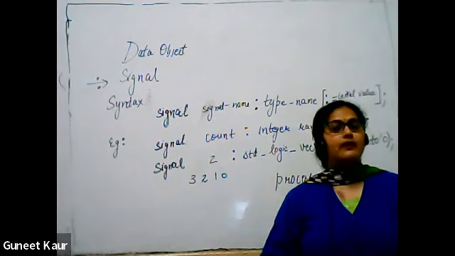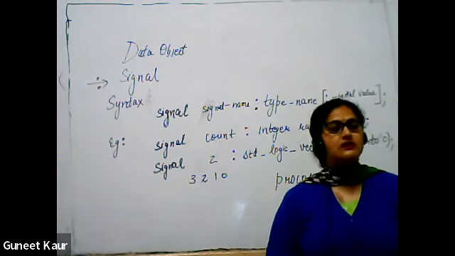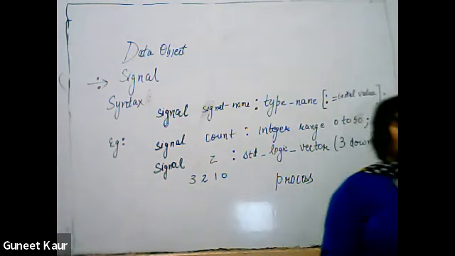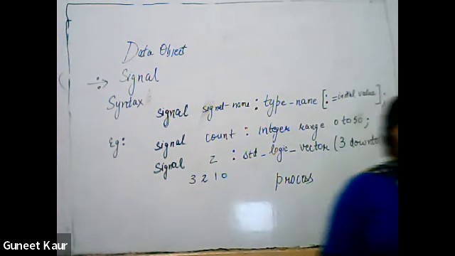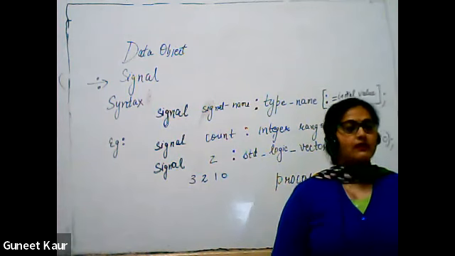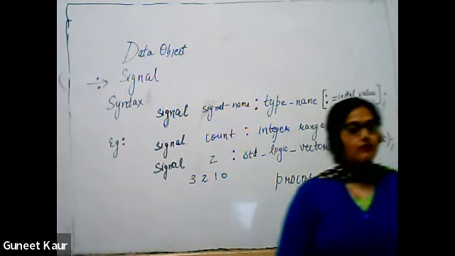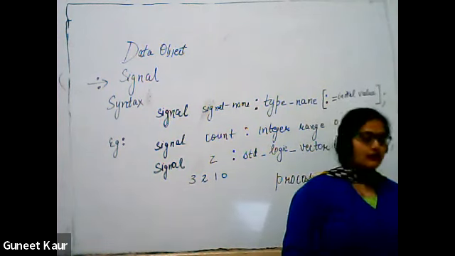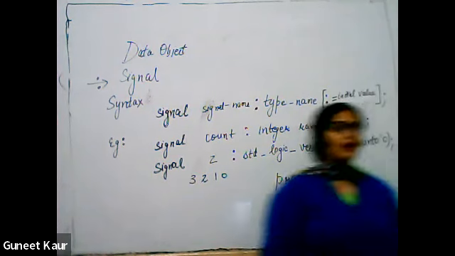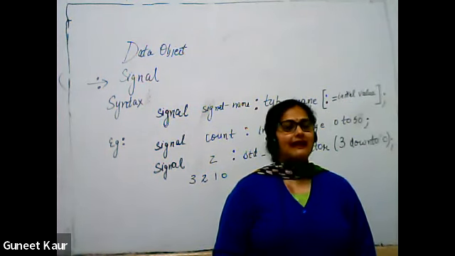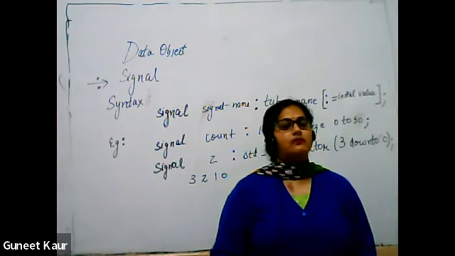Till now, in the sequential language, we are using this process command, and it is a sequential statement where the value is not updated immediately. So signals are used where the values of any parameter are not updated immediately. This type of data object is known as a signal.